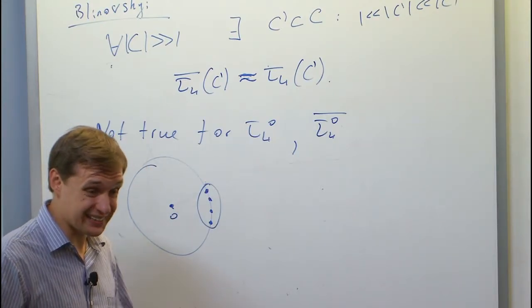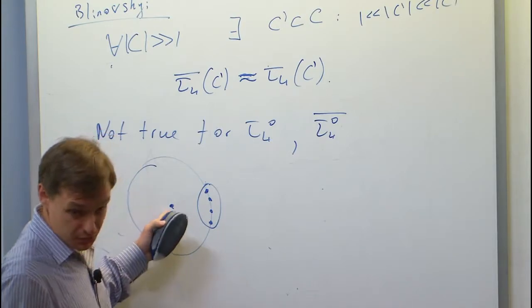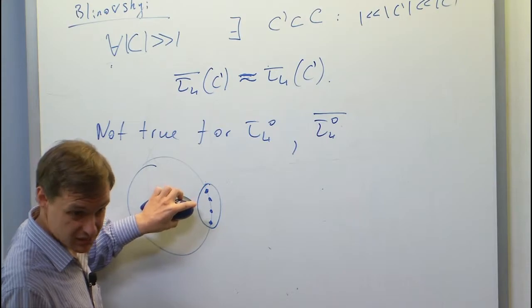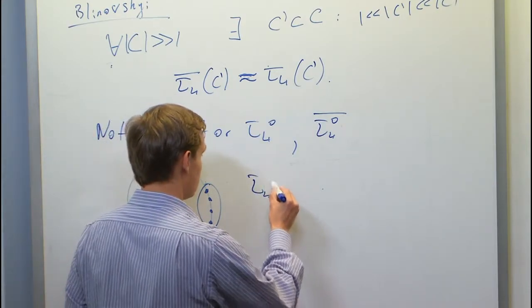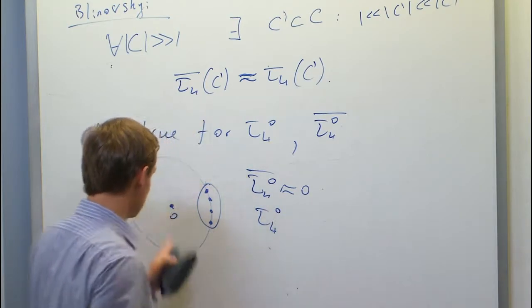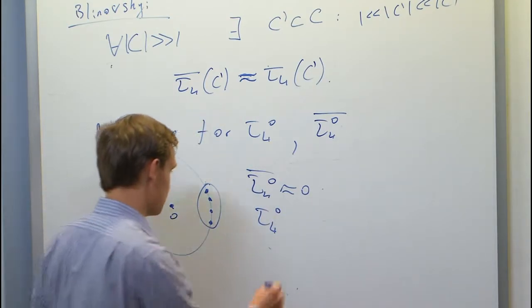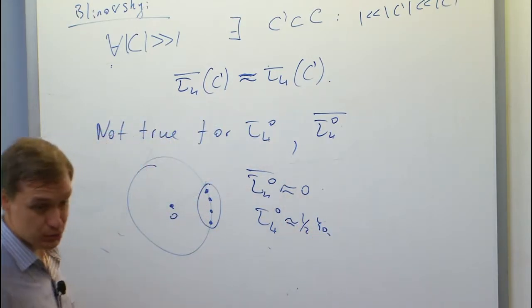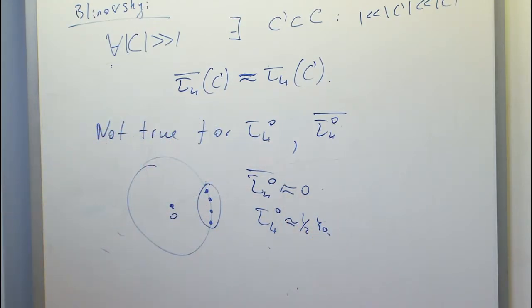If L is gigantic, remember we are averaging, and the contribution of 0 is as if it doesn't exist. So tau L is approximately 0, but the maximal radius is always at least half. So there's absolutely no hope in proving such a result.